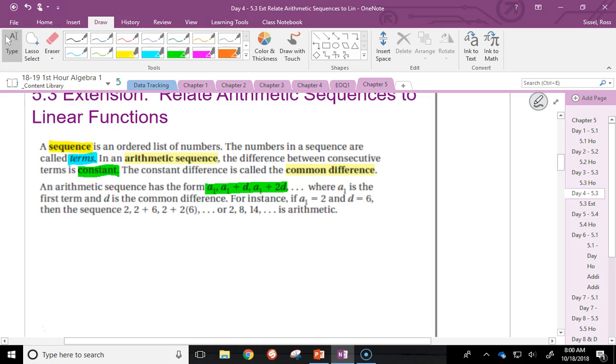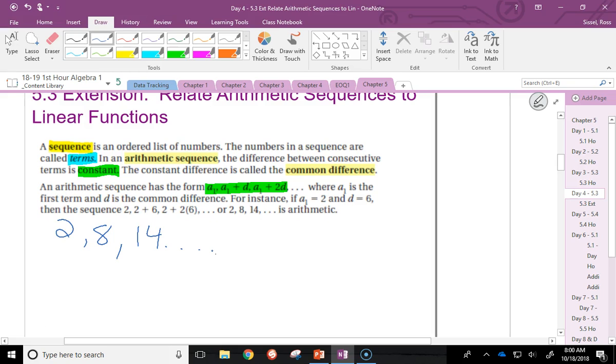Or say they gave us the sequence 2, 8, 14, and they're asking what comes next. Between 2 and 8, the difference was 6. And from 8 to 14 was 6.